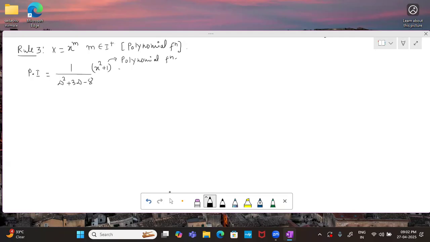So now we'll see the working rule directly, to find this PI.